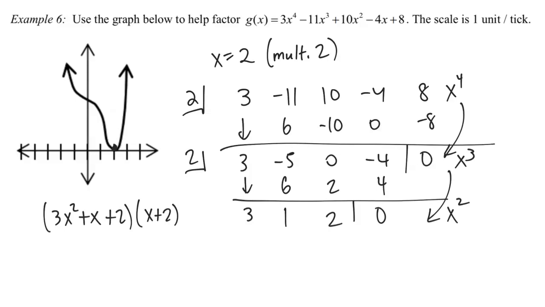Let me hopefully erase that and try that again. x minus 2. And then what's the multiplicity of that 0? It's 2, and so therefore I need to put x minus 2 squared. And so here is my factored version of g of x using synthetic division, and then once again the fact that the graph is bouncing off of that x-intercept, which tells me about the multiplicity.